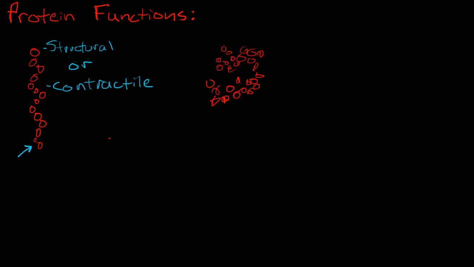Okay, so the structural proteins that have a rod-like shape are going to be things like collagen, and these are proteins that provide structure and strength to tissues and cells. Now, the rod-like contractile proteins are actin and myosin.